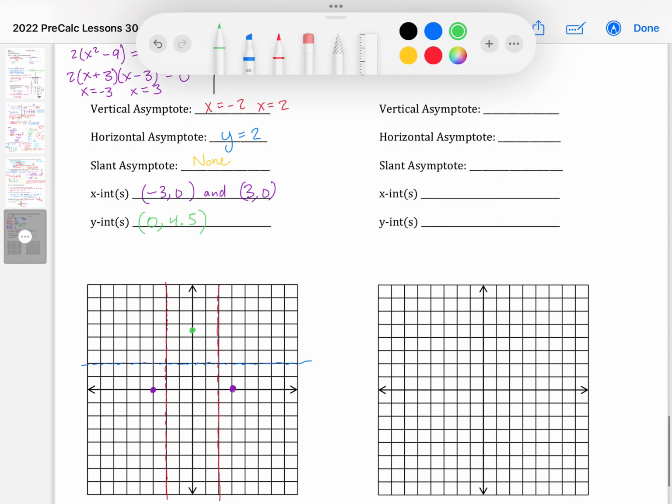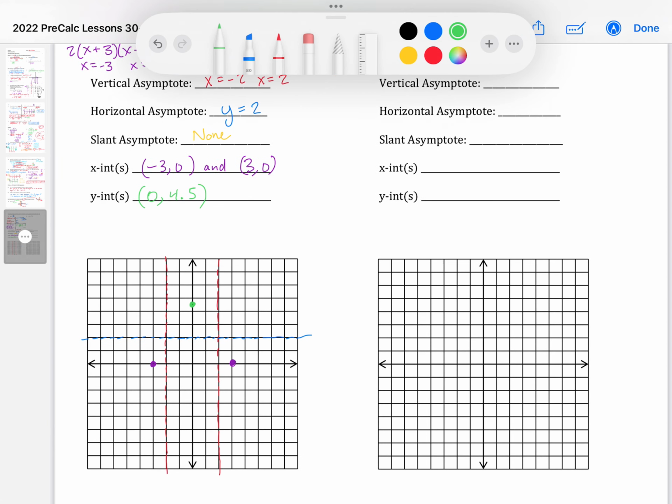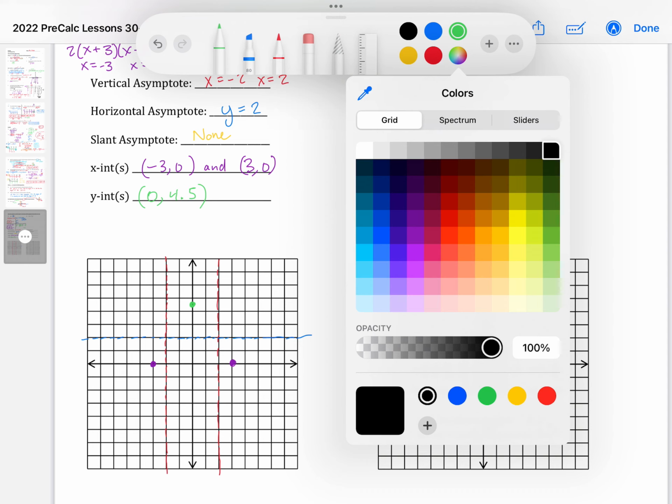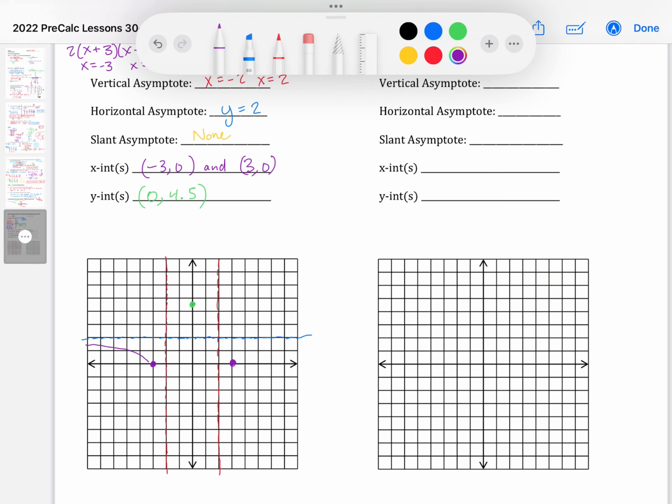So now the last thing I need to do is see what's happening on the left and the right of this graph, because you can't cross the horizontal asymptote at the ends. So I know I have this branch on the far left, and I know I have a branch that looks pretty much the same but reflected on the right.